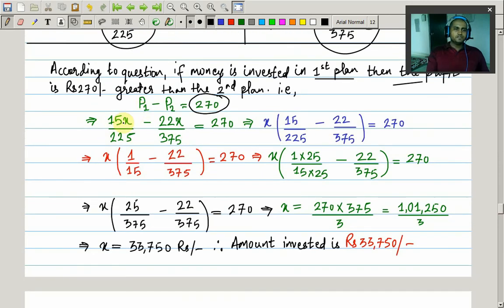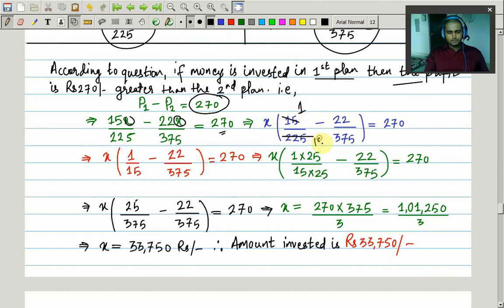So P1 is 15x upon 225 minus P2 is 22x upon 375 is equal to 270 rupees. So what I've done, I have taken x common here, and this is in brackets. Now this cancels with 15, this cancels with 15.